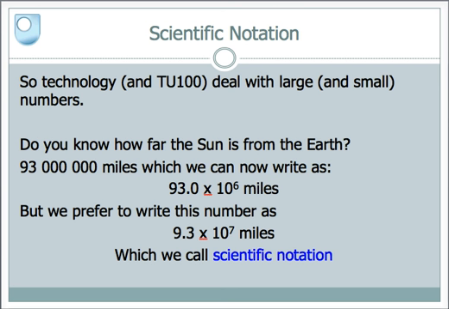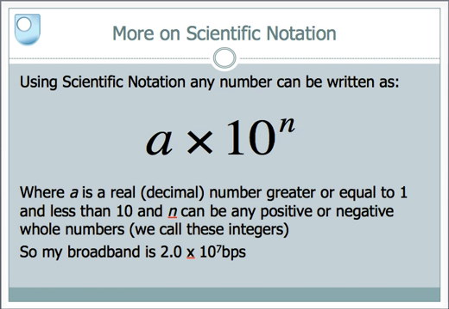This form of notation, where we've got a single digit at the front and decimal places, we call scientific notation. So this is of the form a times 10 to the power of n. Now any number can be represented in this particular form. Here, a represents a real decimal number which is greater than or equal to 1, but less than 10. n can be any positive or negative whole number.